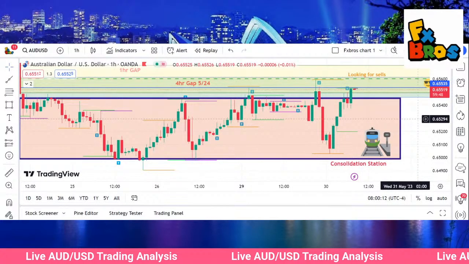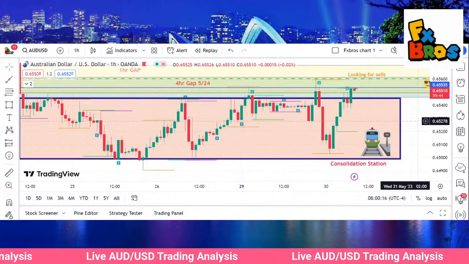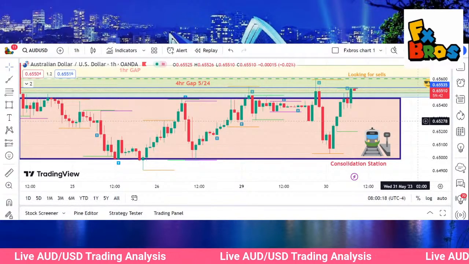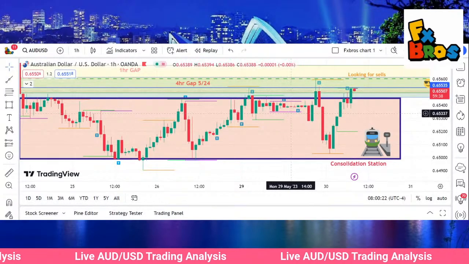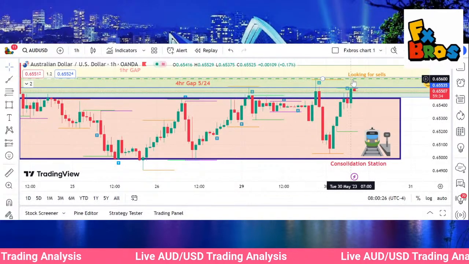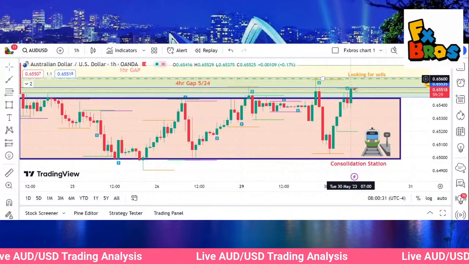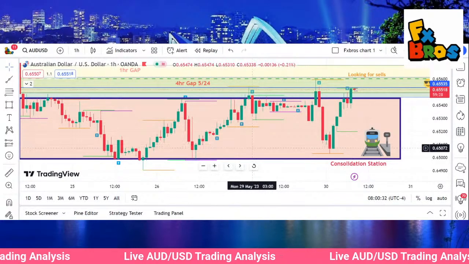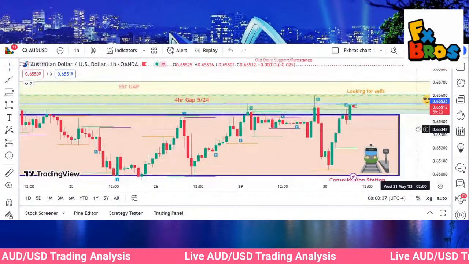I think the market gonna push higher. I do believe the market will push higher and take out our 65.60 area. And then from there on, we can look for sales.